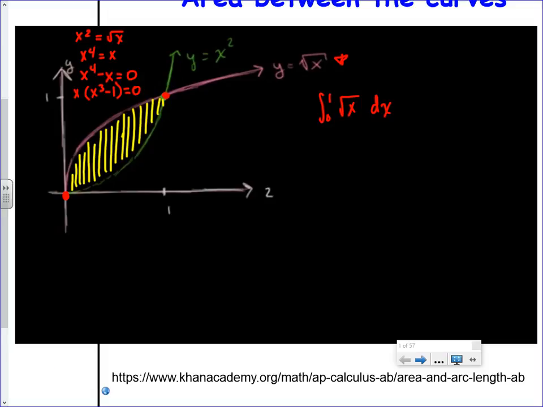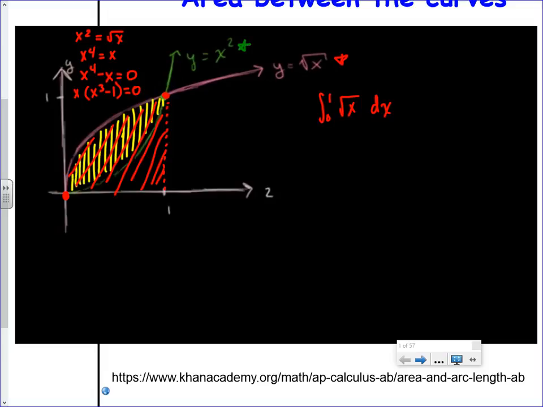When you solve for the area underneath square root of x, what area are you actually finding? This one. Now, is that what I actually want? No, but think of the square. It's just a little bit too much. How do I finish off the problem? I think about the area of the other one. Who is the other one? X squared.